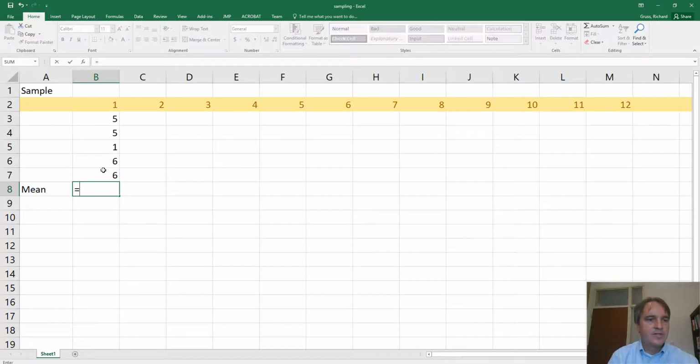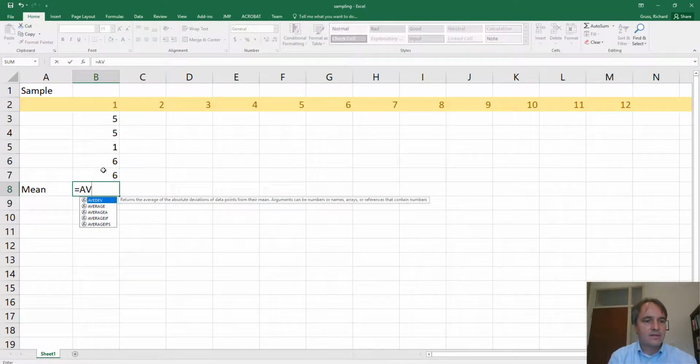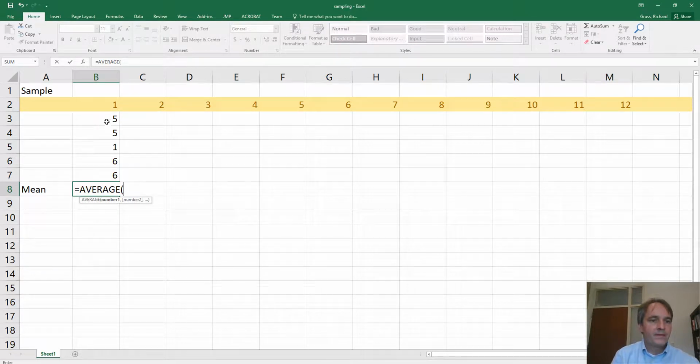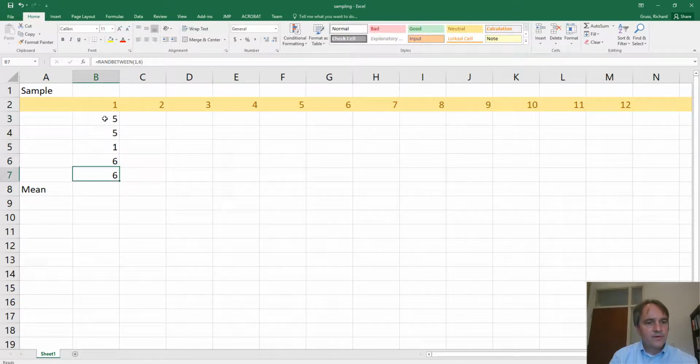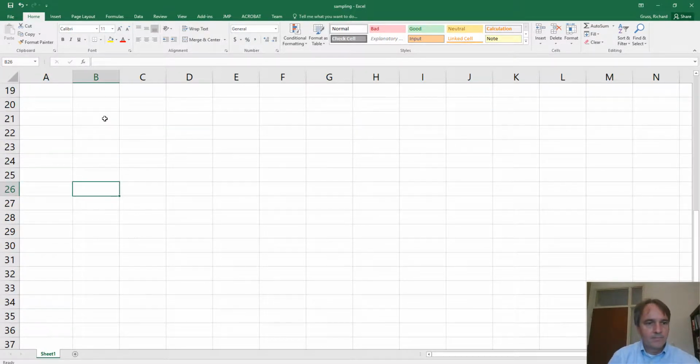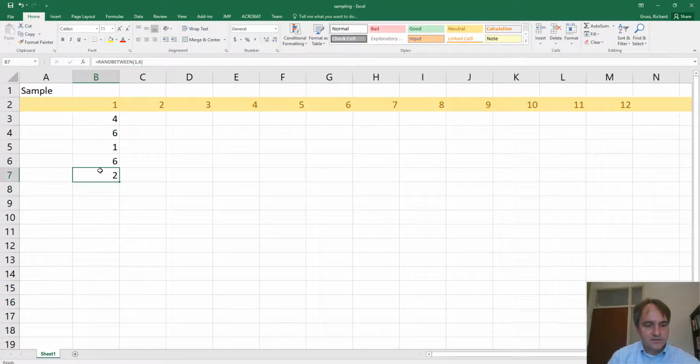Okay, so let's see what the actual mean is. So we'll take the average of these rolls. Let's see, did I have enough rolls here? 1, 2, 3, 4, 5. Oh, I actually want 6, so that we'll have 6.